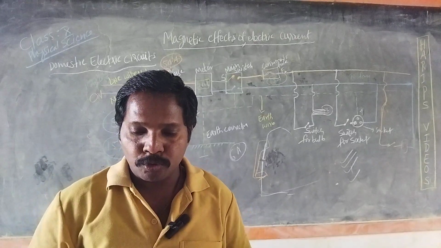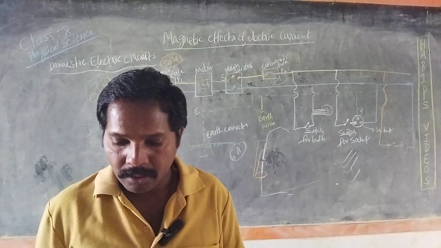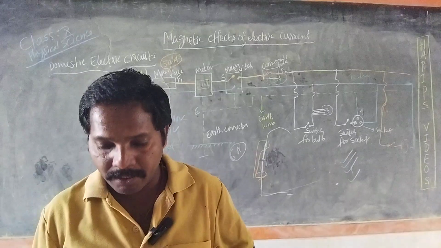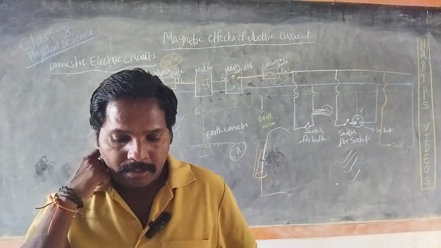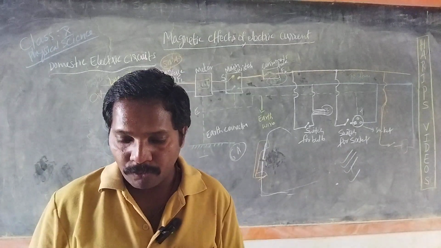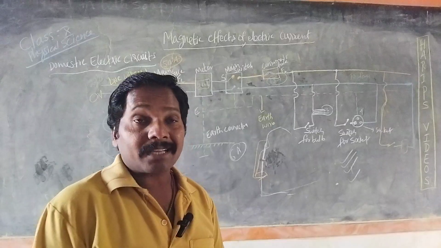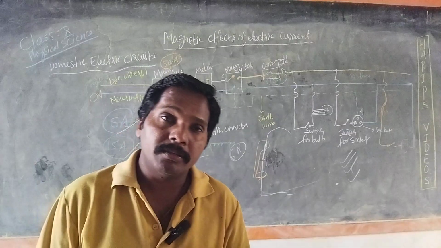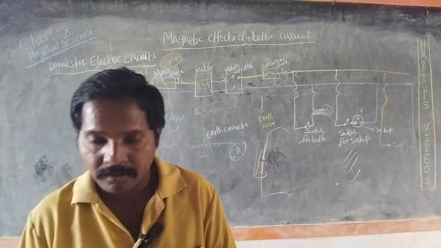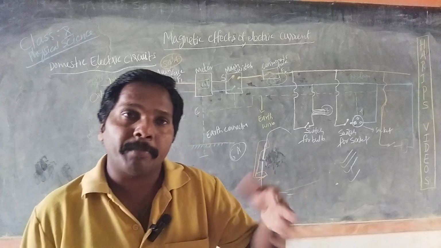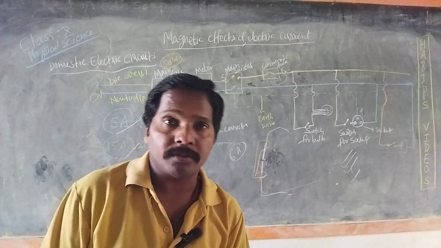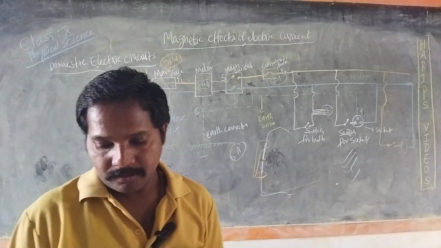Fuses are also used to protect individual domestic electrical appliances from damage which may be caused due to excessive current flow through them. So costly appliances like LCD TVs, LED TVs and refrigerators have separate electrical fuses.